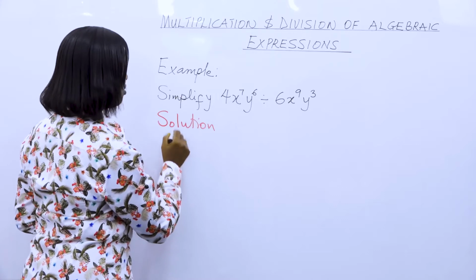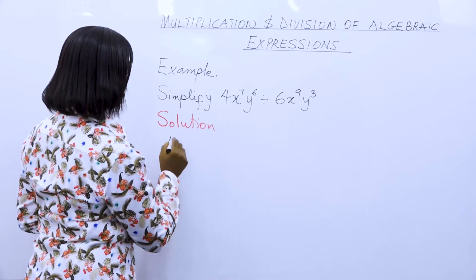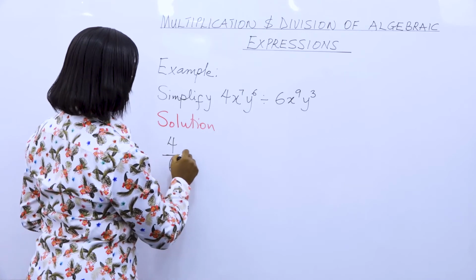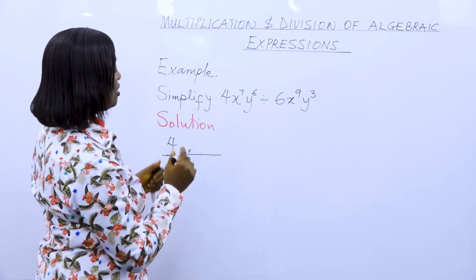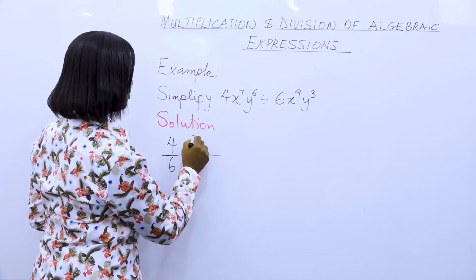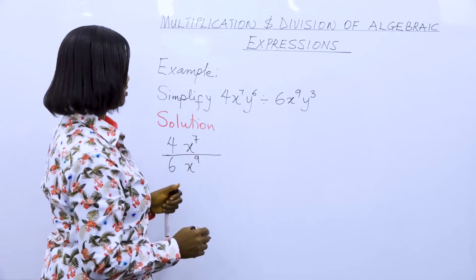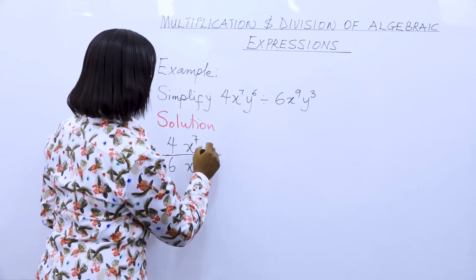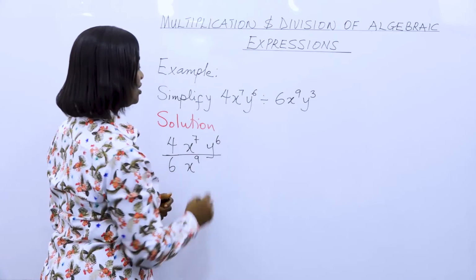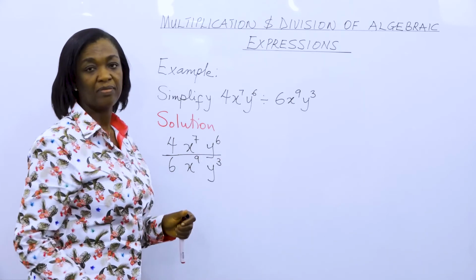So 4 over 6. I like to write it out in steps. X to the power 7, x to the power 9, and we have y to the power 6 and y to the power 3.